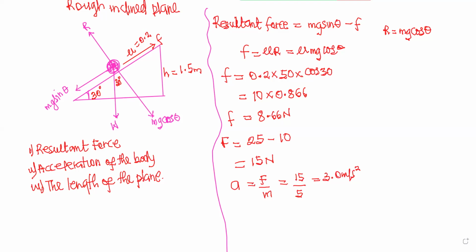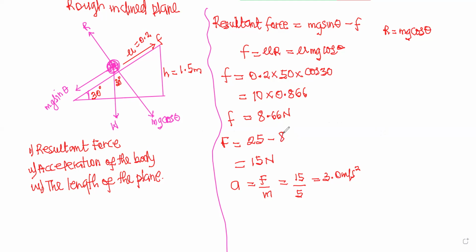So class, let me see by hands, those of you who got... yes, hello. But I thought you subtract 8.66 from the 25. You rather subtracted 10. Oh, okay, thank you for the feedback.